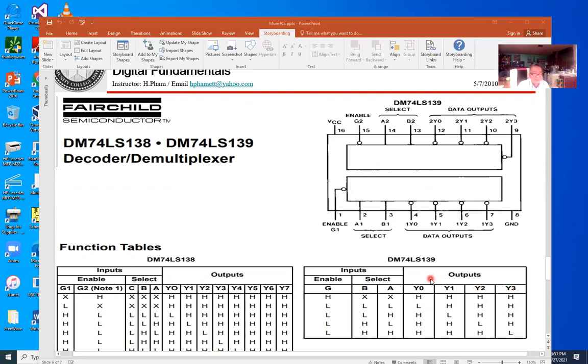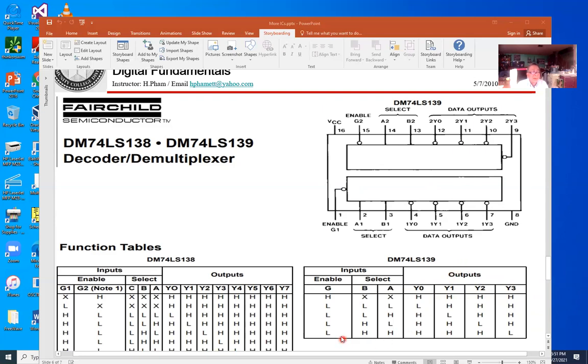That happens the same for either A1, B1 or A2, B2. For example, if pin number 1 is at logic 1, then it doesn't matter what A1, B1 are. Outputs must be high. Same thing happens for the second one. If pin 15 is at logic 1, and they don't care about B2, A2, outputs must be high. So that's why here Y0, Y1, Y2, Y3 are all high.